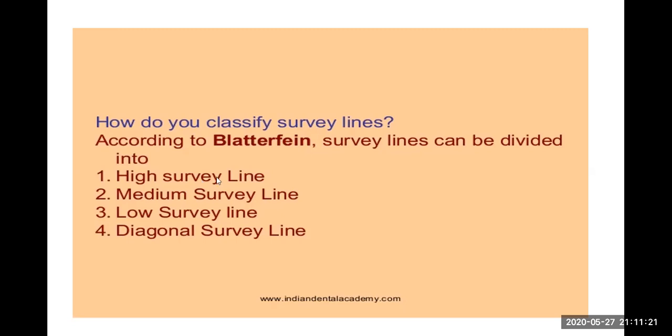The high survey line is the line nearest to the non-undercut area. The medium is that which is directly engaging the survey line, and the low survey line will be shortly below the most bulbous aspect, the median survey line.